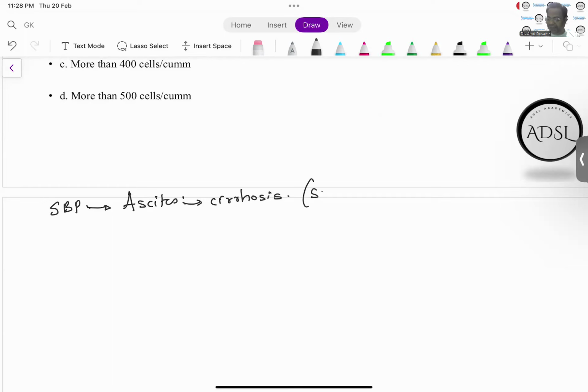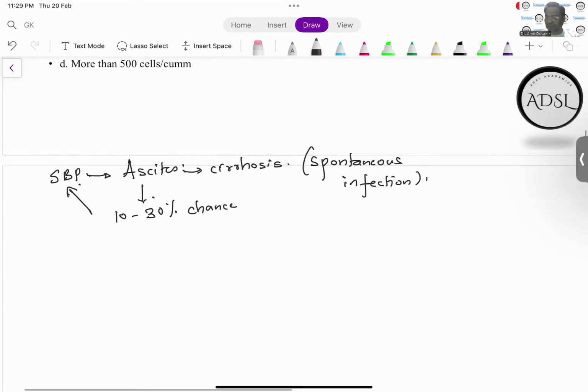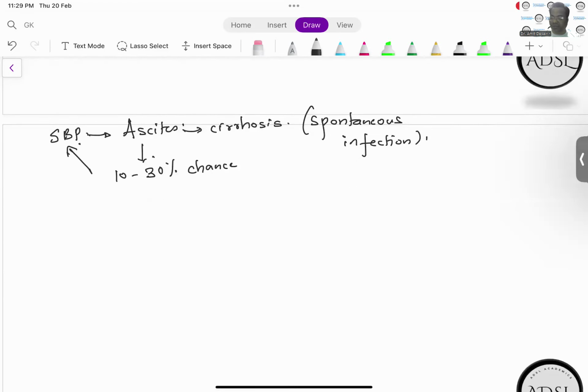And it is, as the name suggests, a spontaneous infection. So if somebody has ascites, there is almost a 10 to 30% chance that they will develop SBP, spontaneous bacterial peritonitis.